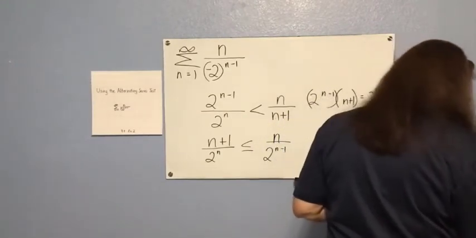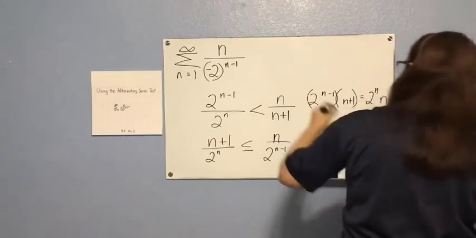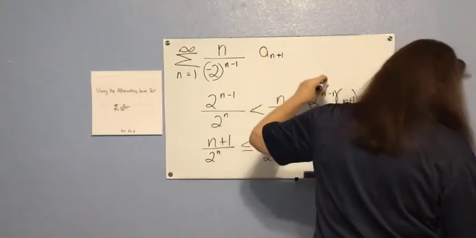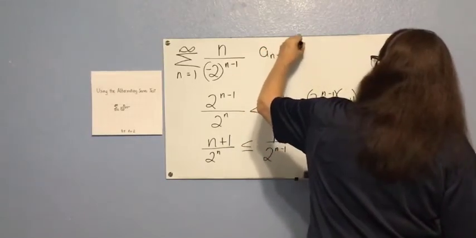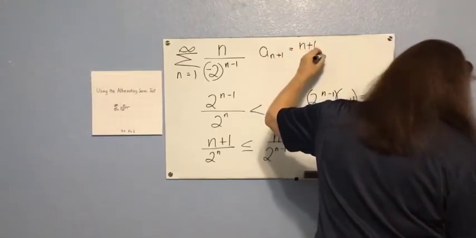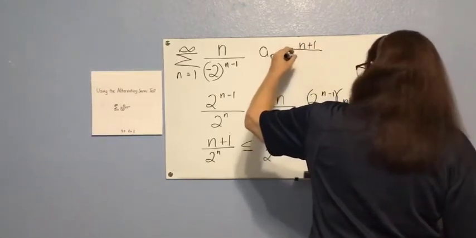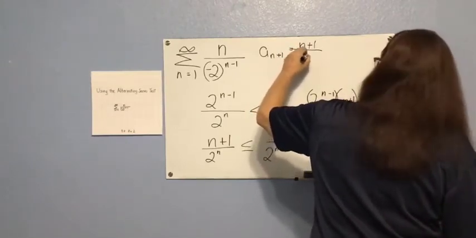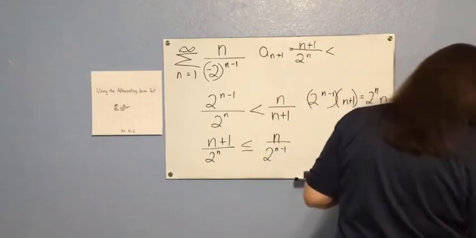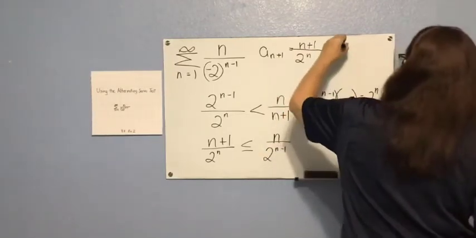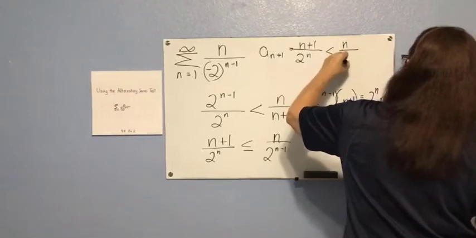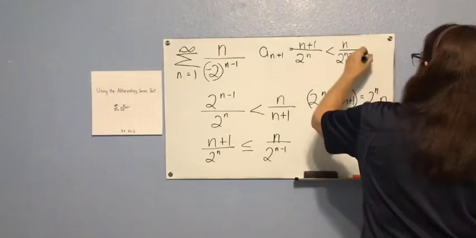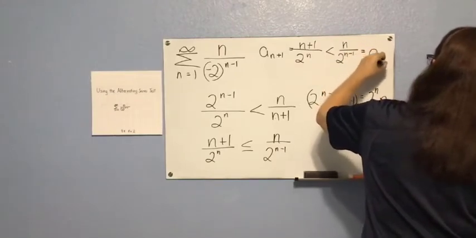So now I can say a sub n plus 1 is equal to n plus 1 over 2 to the n, and that is less than n over 2 to the n minus 1, which is the a sub n.